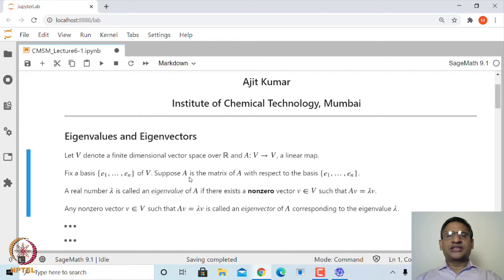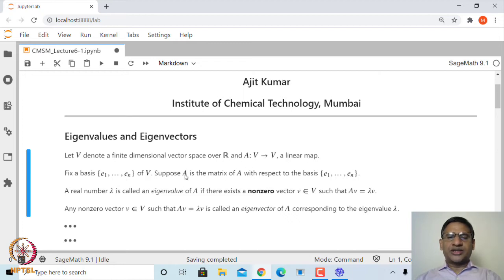First, let us define eigenvalues and eigenvectors, and then we will see how they can be computed in Sage Math. Suppose you have a finite dimensional vector space V over R and a linear map A from V to V. Fix a basis e1 to en of V, then you can find the matrix of A with respect to this basis.